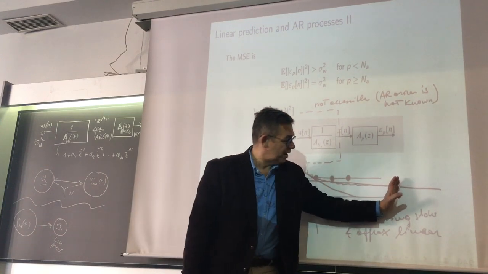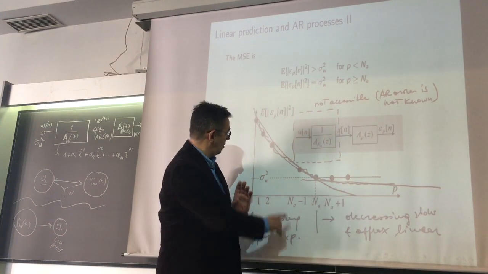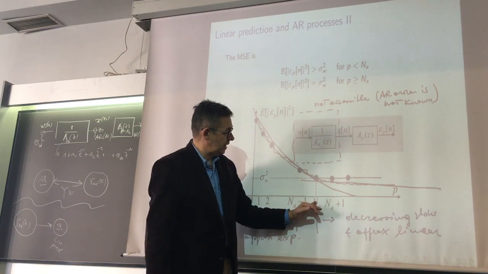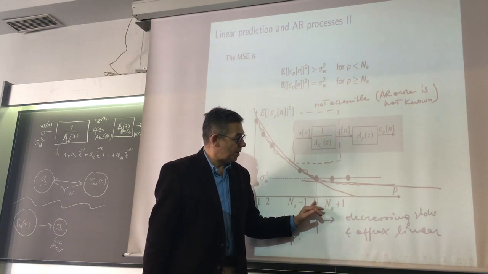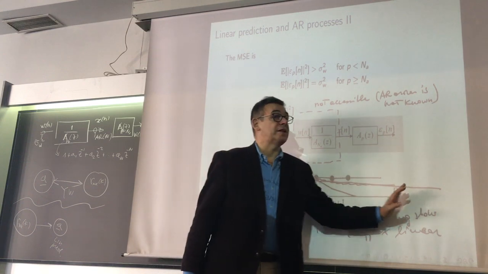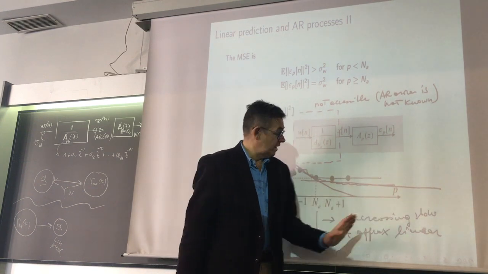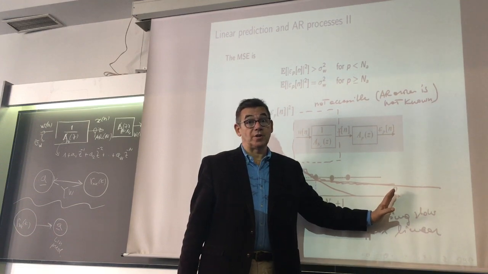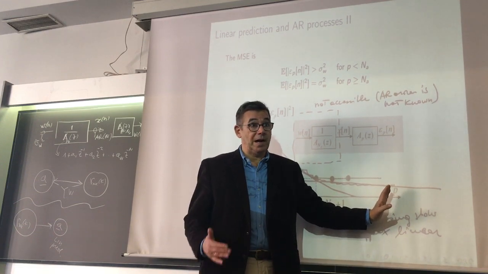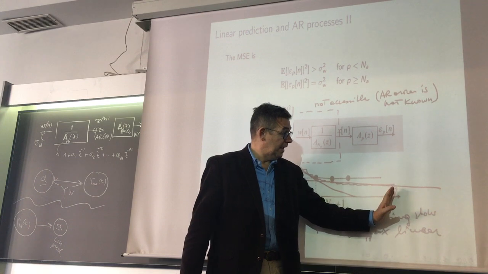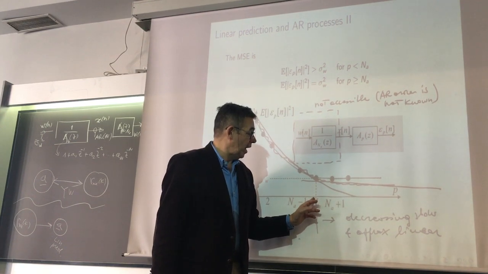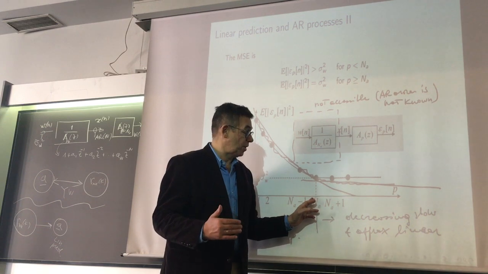And if you take a very big order, imagine the true order is 10, and I try to implement a linear predictor of order 20. From 10 to 20, the coefficients should be 0, because my linear predictor is related to an autoregressive order 10 random process.